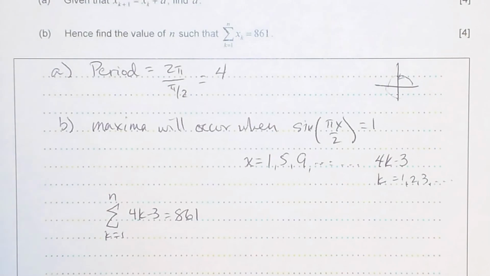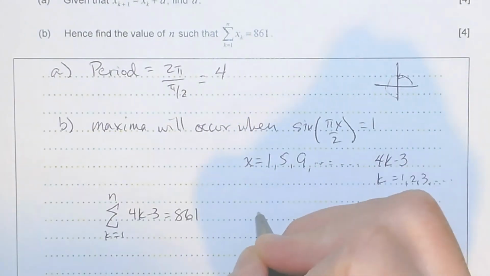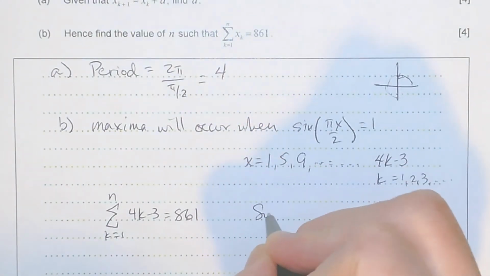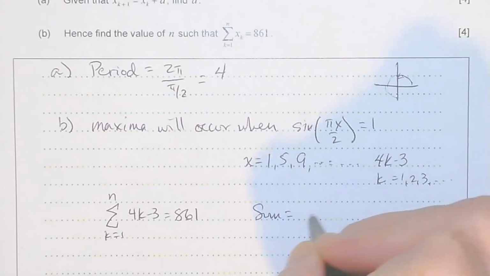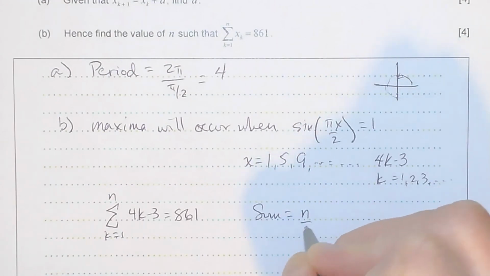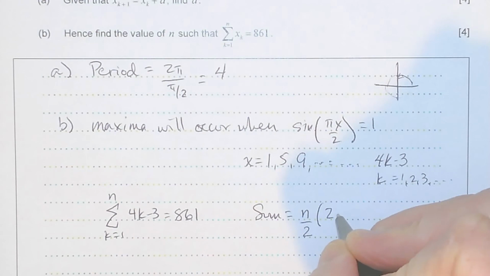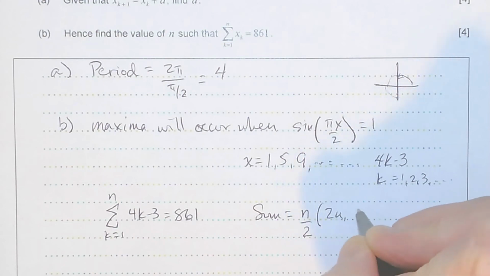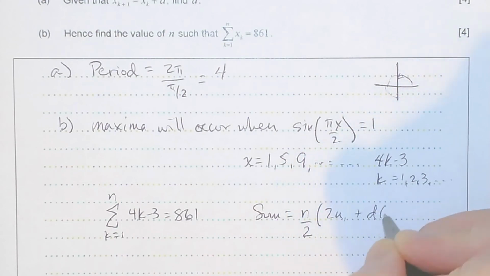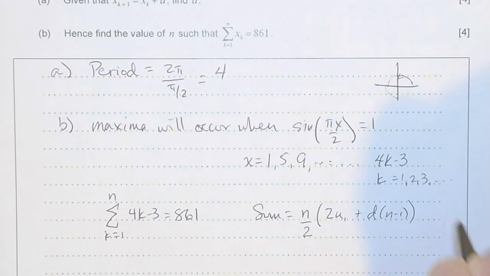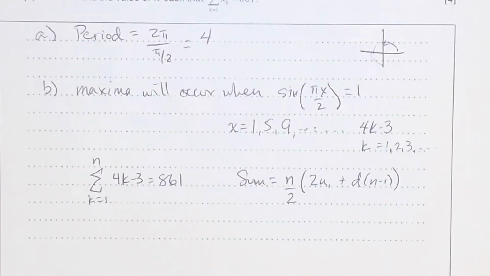They actually turn this problem into the sum of an arithmetic series. So I will set the sum for an arithmetic series equal to, remember it's n divided by 2 times 2 u1 plus d times n minus 1. And you can find that formula in your equation packet.